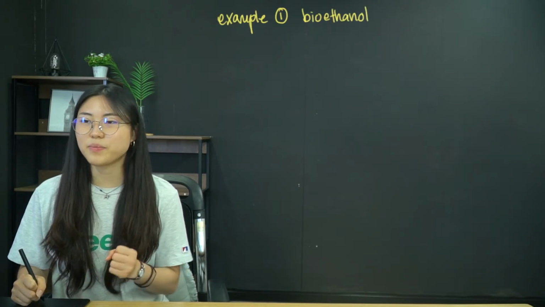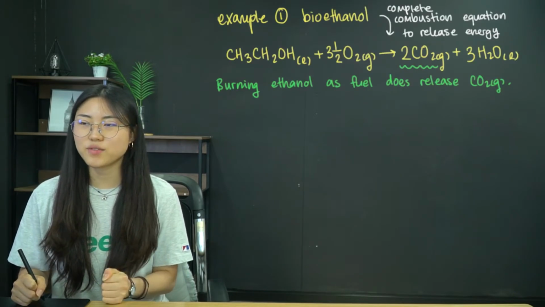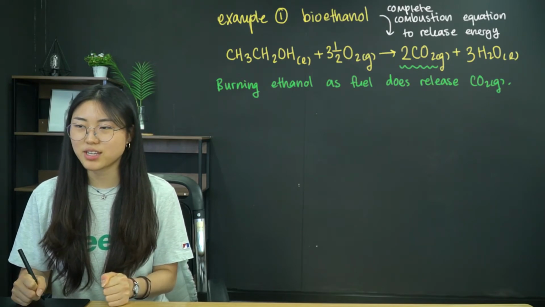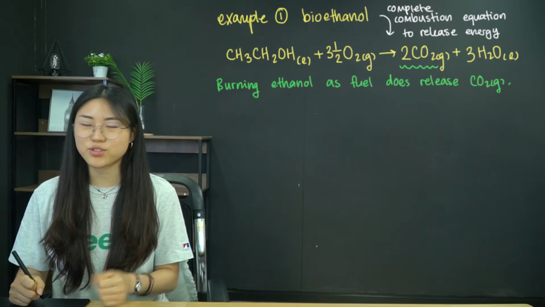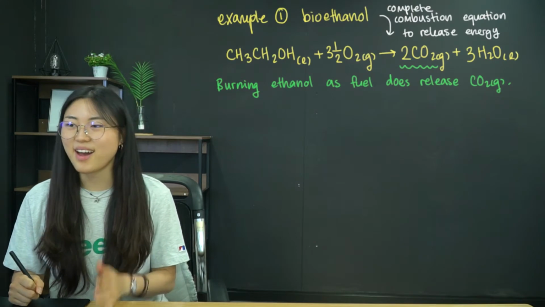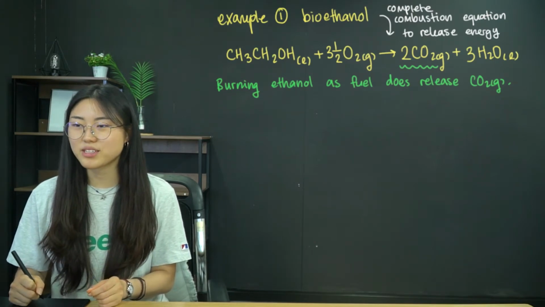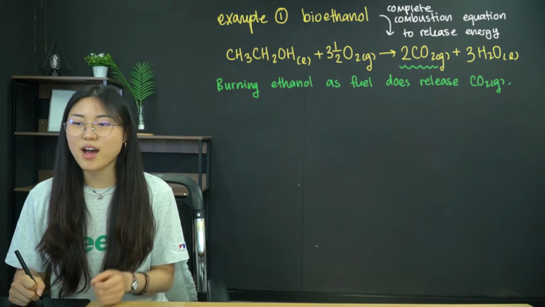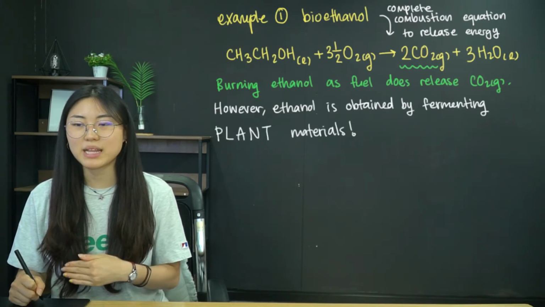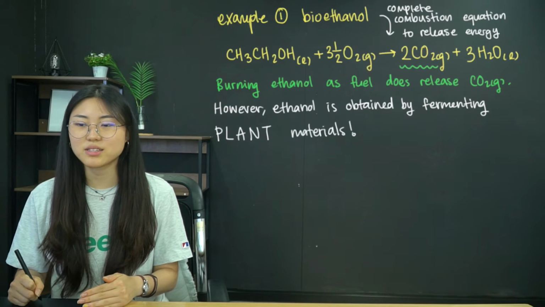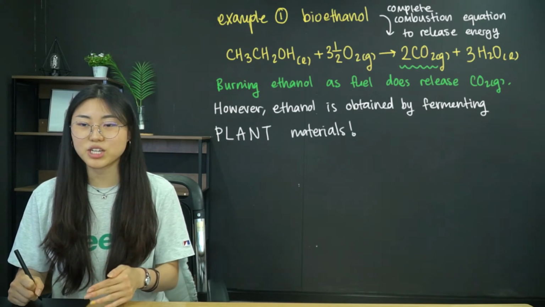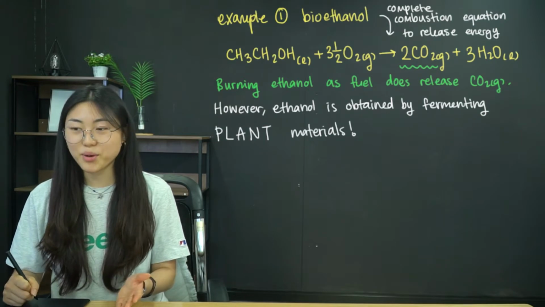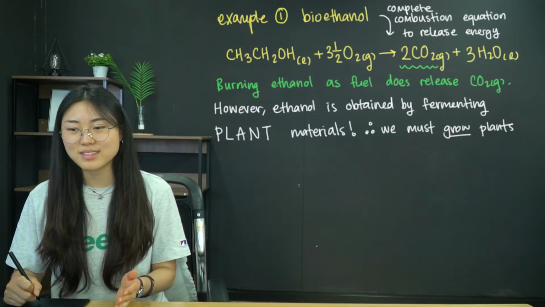This is the equation for the complete combustion of bioethanol, just ethanol basically. Burning ethanol as fuel does release some carbon dioxide gas. However, ethanol is obtained by fermenting plant materials. The raw materials are plants primarily, and therefore we must grow plants.